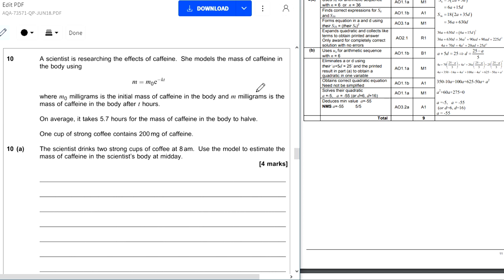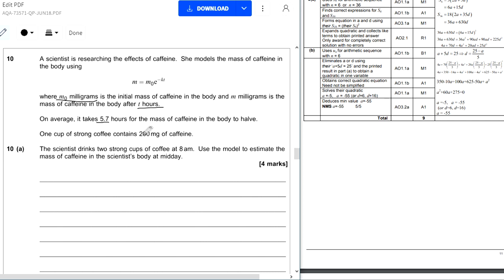Obviously this is going to be an exponential decay question, but the important thing here is t is in hours and M is in milligrams, so it's always good to know your units. On average, it takes 5.7 hours for the mass of the caffeine in the body to halve. So, in other words, the half-life of this exponential decay is 5.7 hours.